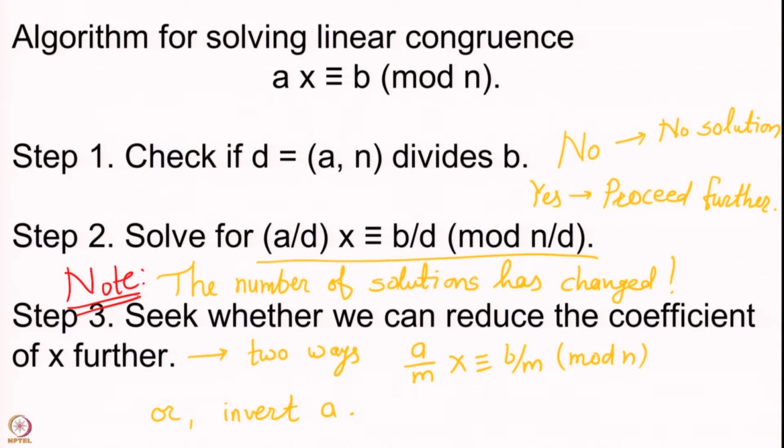Alright, so the next thing that we want to do after having obtained a condition for solving linear congruence is the following: we would like to solve for simultaneous linear congruences.